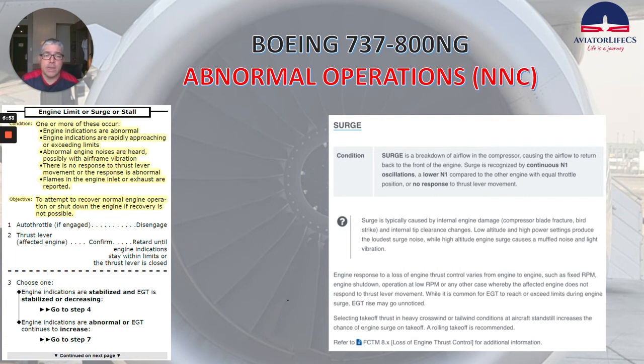Surge is typically caused by internal engine damage, compressor blade fracture, bird strike, and internal tip clearance changes. Low altitude and high power settings produce the loudest surge noise, while high-altitude engine surge causes a muffled noise and light vibration.